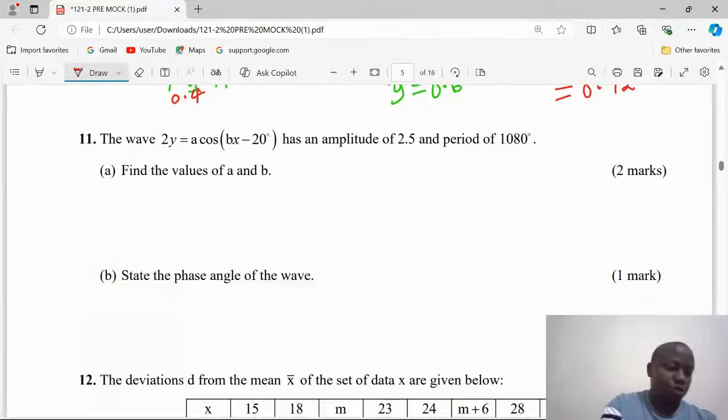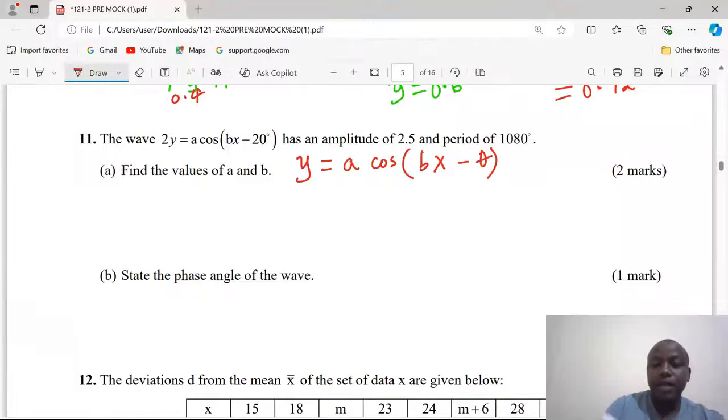In the first case, we should know that generally we can be given a cosine wave or a sine wave, and in general they are always y equals a value A multiplied by cosine or sine of (B multiplied by x minus, okay, I'm being general here, a certain angle theta).